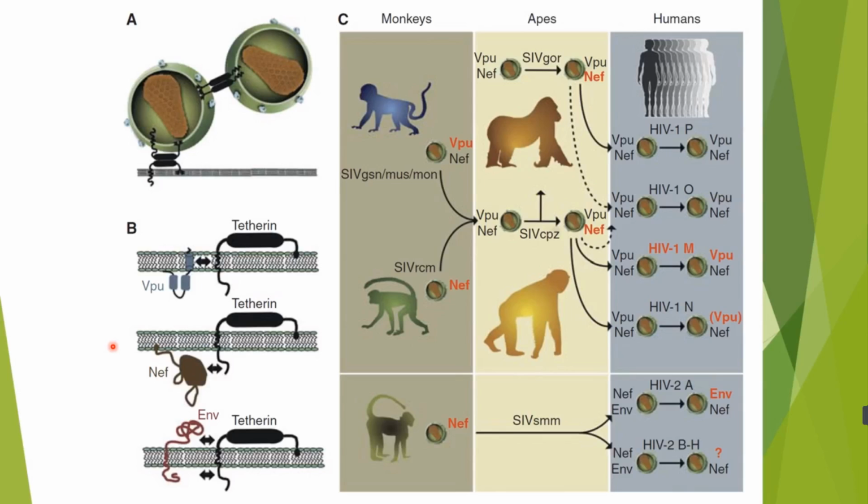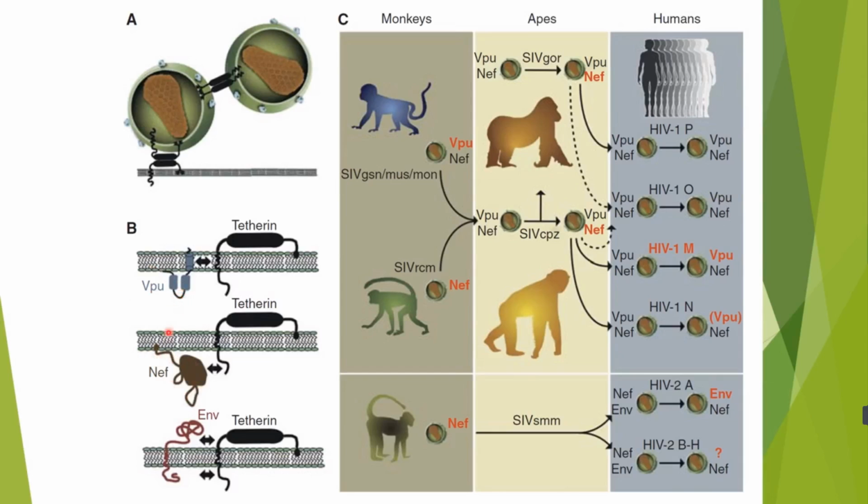Very, very interesting. In addition, we have the two major anti-tetherin proteins, and this is how they function. There's actually a third one of the environmental proteins, but it really doesn't play much of a role within humans. We're just going to discuss NEF and VPU. And remember, NEF is an early phase protein, and VPU is a late stage protein.